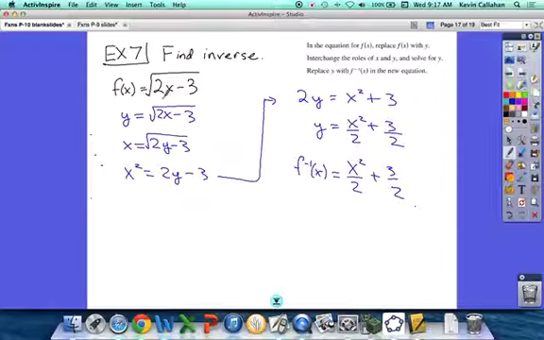So we would expect that the range of the original function has to be y greater than or equal to 0. And the domain of it, again, it's a square root, so I would have to take this 2x minus 3, set it greater than or equal to 0, and solve. That ends up being x greater than or equal to 3/2.